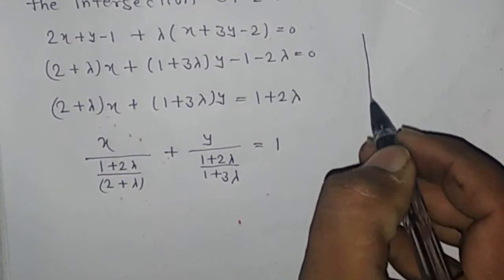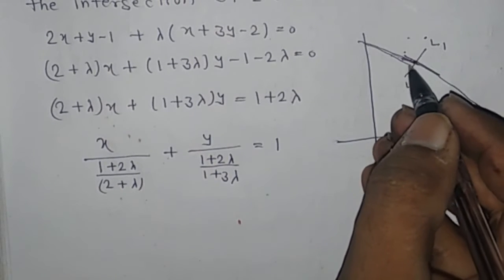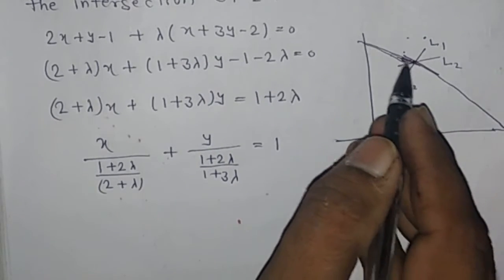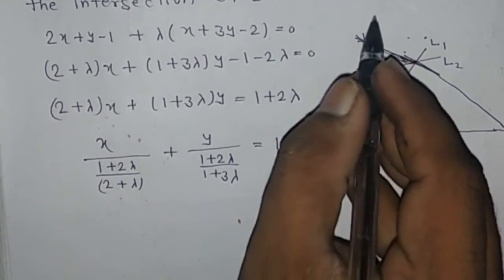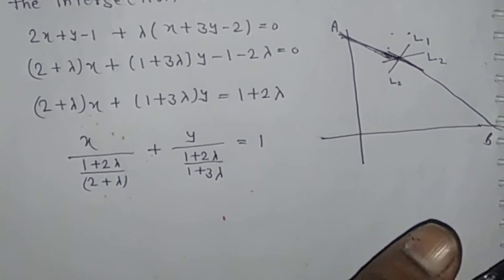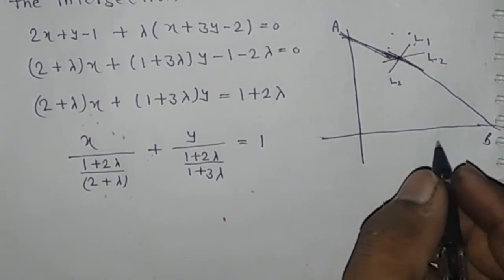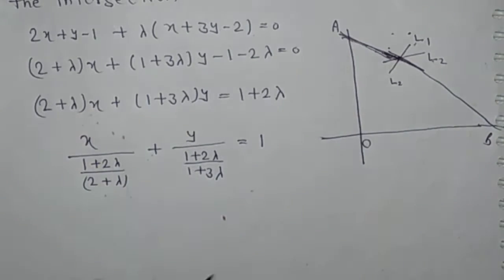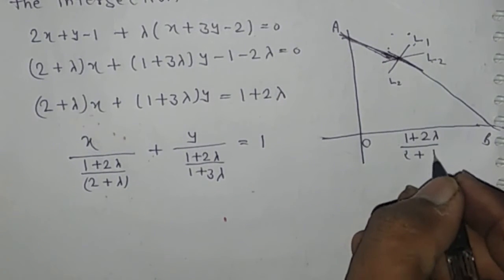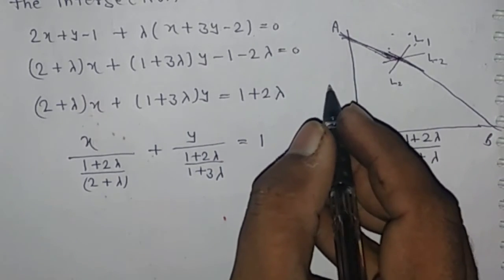Now let it be L1 and L2, and this is the equation of line AB, which passes through the intersection of L1 and L2 and cuts off an intercept of length OB from the x-axis, which is (1 plus 2 lambda) by (2 plus lambda), and OA from the y-axis, which is (1 plus 2 lambda) by (1 plus 3 lambda).